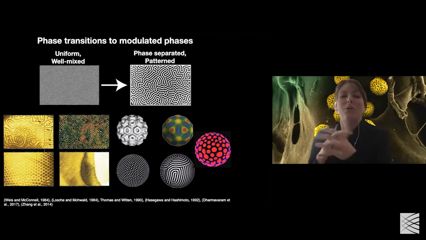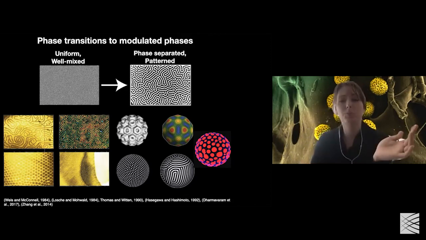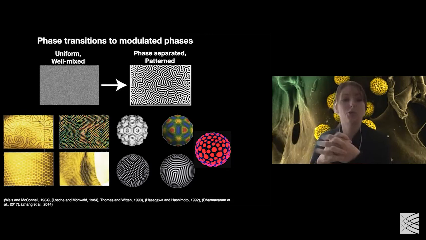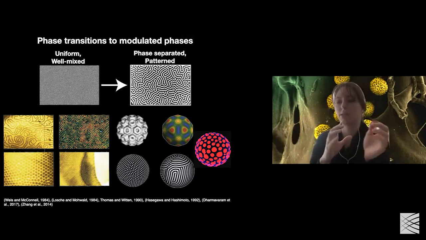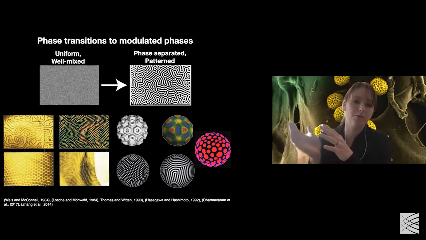So we wanted to use a theory of phase transitions to modulated phases. And for those of you that are unfamiliar with this field, again, it's essentially a way to describe how you go from a uniform, well-mixed phase to a phase-separated patterned phase. It's been used previously in a lot of two-dimensional systems, extensively actually, both from an experimental and a theoretical point of view.